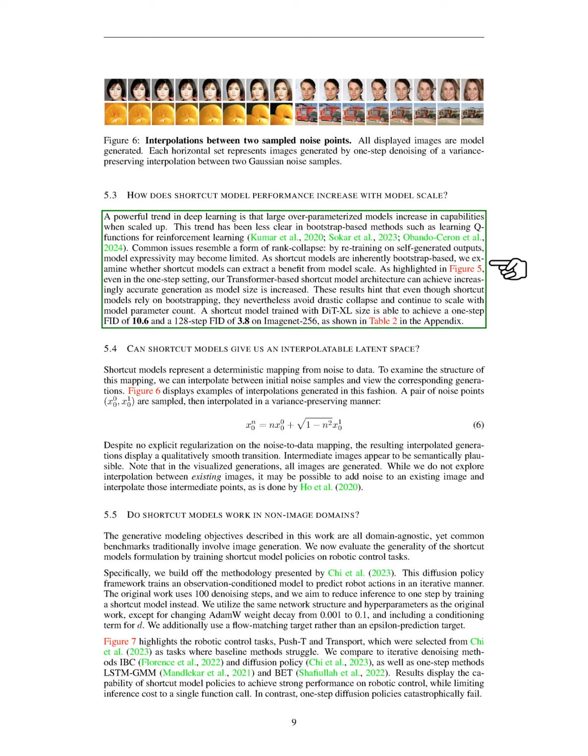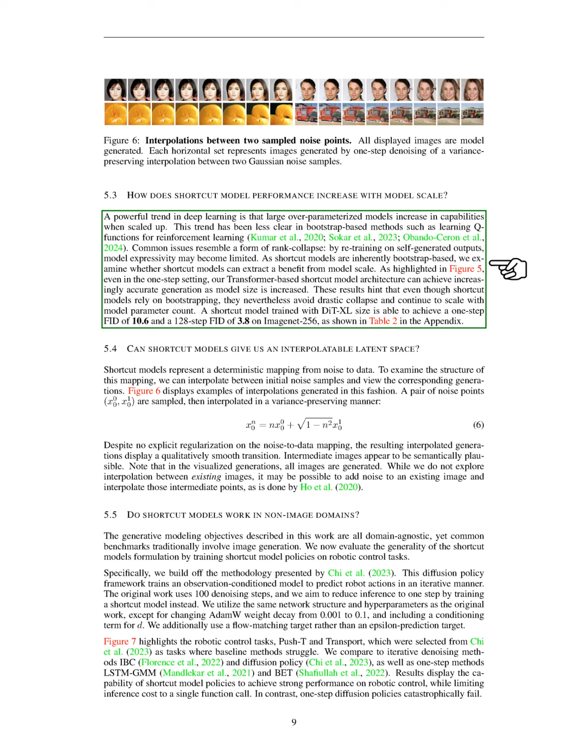Our results, shown in a figure, indicate that even with one-step generation, our transformer-based shortcut models produce more accurate results as their size increases. This suggests that shortcut models can scale effectively without significant collapse, achieving a one-step FID score of 10.6 and a 128-step FID score of 3.8 on ImageNet 256, as detailed in the appendix.